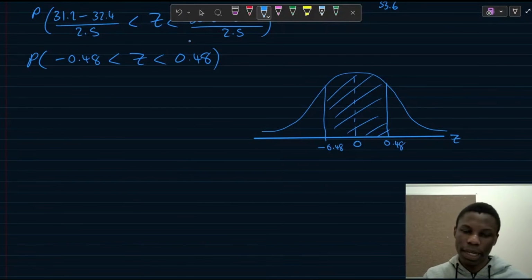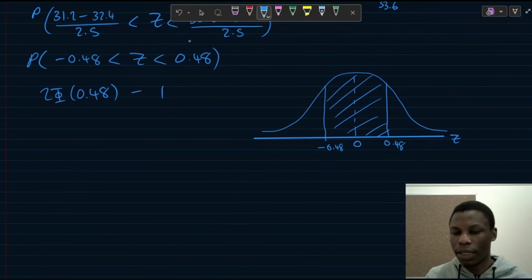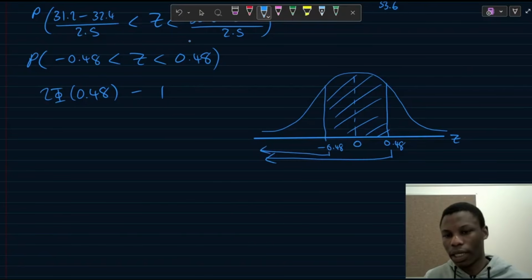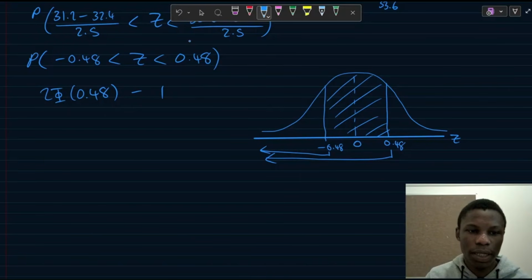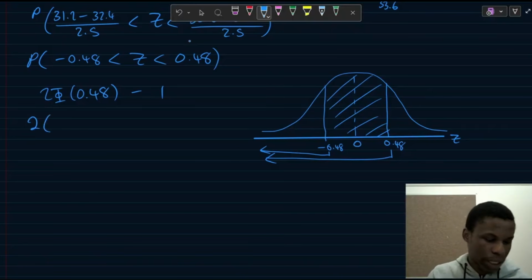And to get that area, we can use this formula, 2 phi of 0.48 minus 1, which simply comes from saying the area to the left of 0.48 minus the area to the left of negative 0.48. If you simplify that, you get 2 phi of 0.48 minus 1. So that's 2 times phi of 0.48.